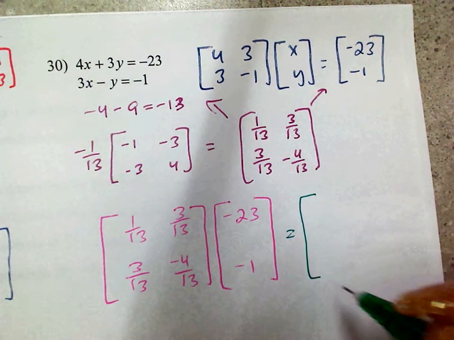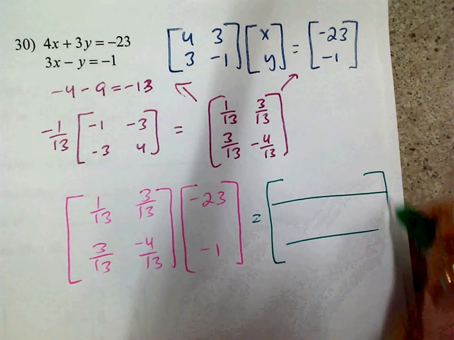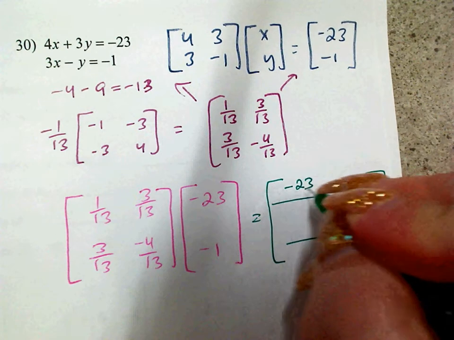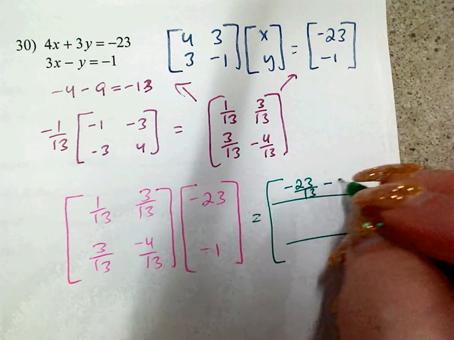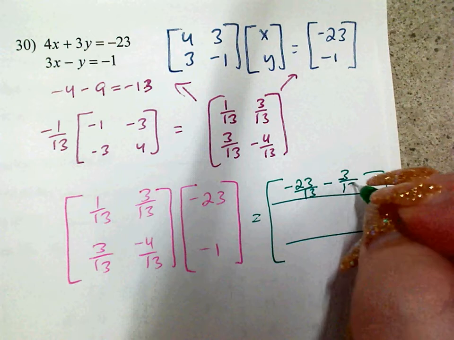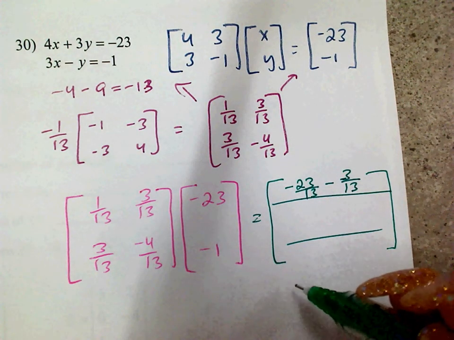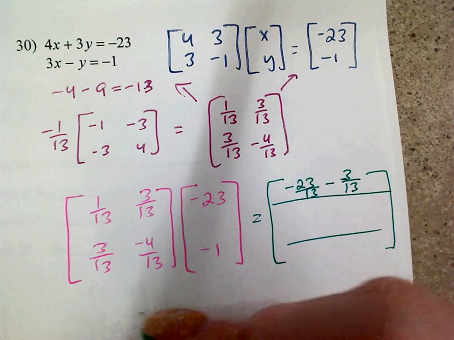So this is going to be, okay, 1/13 times negative 23 is negative 23/13, and then minus 3/13. 3/13 is negative 1, so negative. Okay, and that is going to add up to negative 26/13, and negative 26/13 is negative 2.